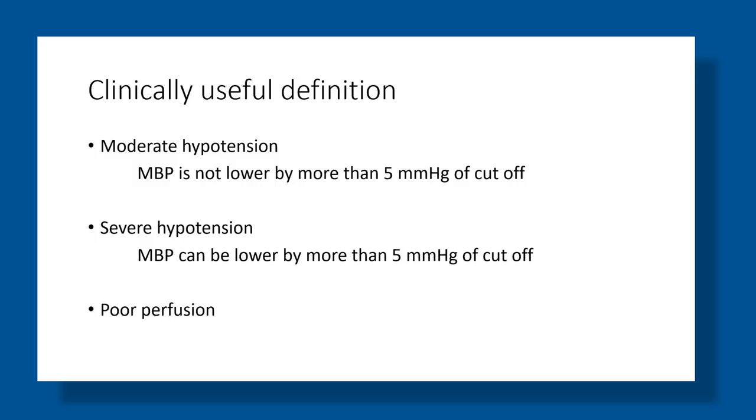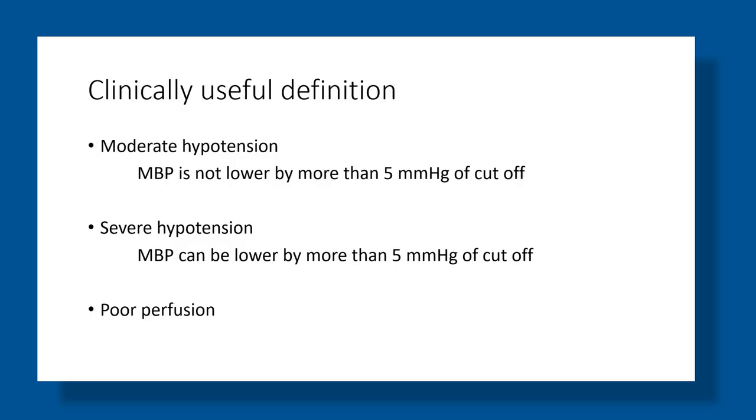So, for example, if you are managing a baby of 30 weeks corrected gestation, your moderate hypotension range would be 25 to 30. Whereas severe hypotension is when your invasive mean arterial blood pressure is lower by more than 5 millimeters of mercury. So if you take the same 30 weeker, if the baby's blood pressure lies between 20 to 25, then you call it severe hypotension.